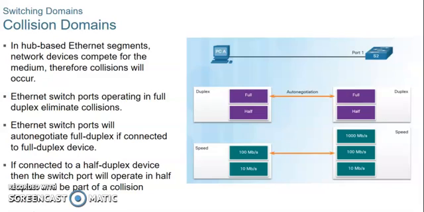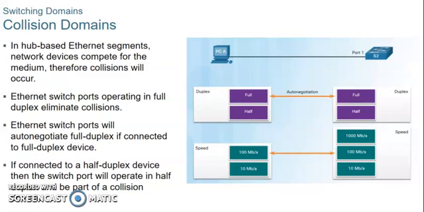Ethernet switch ports will auto-negotiate full duplex if connected to a full duplex device. For example, a switch is connected with another switch. Switch A is configured as duplex auto and switch B is configured as duplex full.